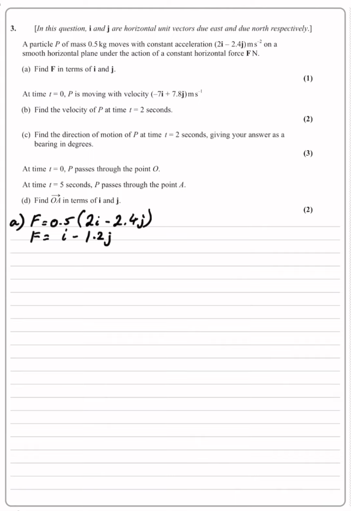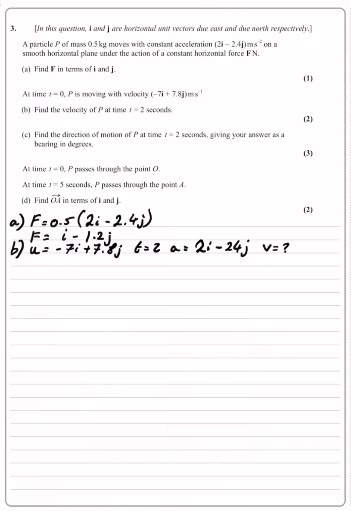For part B, we have an initial velocity of negative 7i plus 7.8j. We know that the time is going to be 2. The acceleration is going to be 2i subtract 2.4j. And we're trying to calculate the velocity.